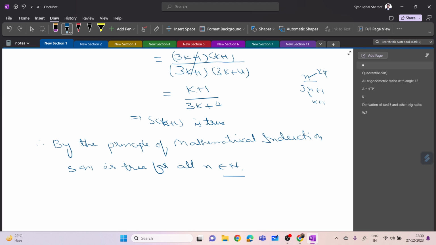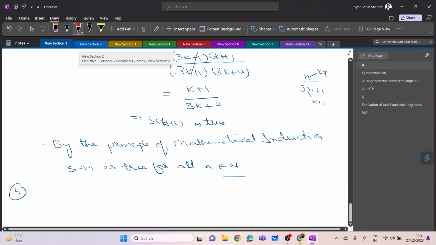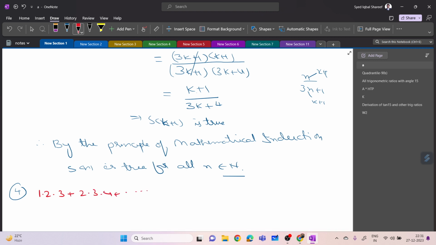One more problem, of a different type. Problem number 4. What does it say? Prove by mathematical induction 1 into 2 into 3, plus 2 into 3 into 4, and so on, up to n terms equals n into (n plus 1)(n plus 2)(n plus 3) by 4.